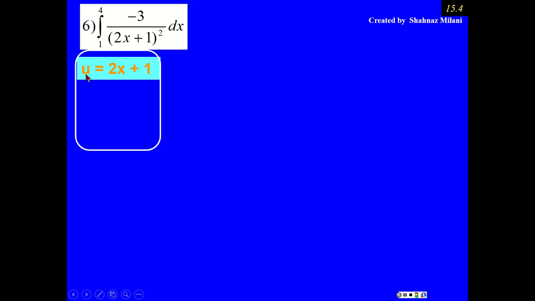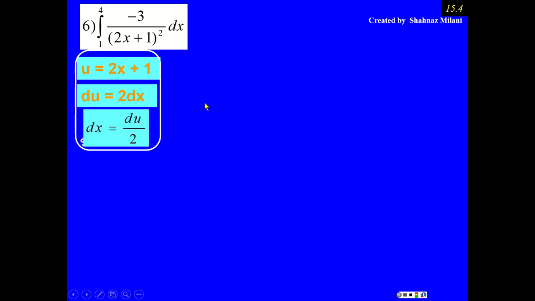First, du is equal to the derivative of 2x, which is 2, dx, and the derivative of 1 is 0. I have to solve for the dx, divide both sides by 2. Remember, we are going to change the inside and we change dx. This minus 3, I carry it on, of course, with my antiderivative sign.